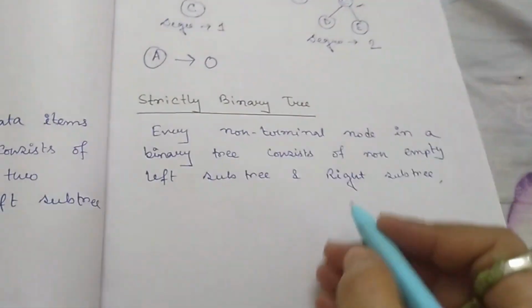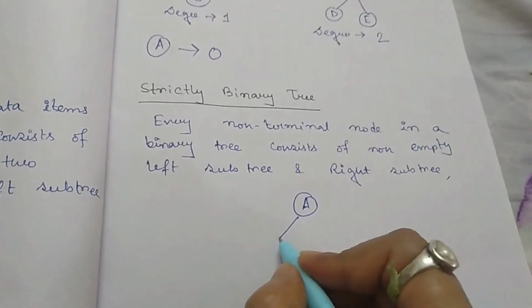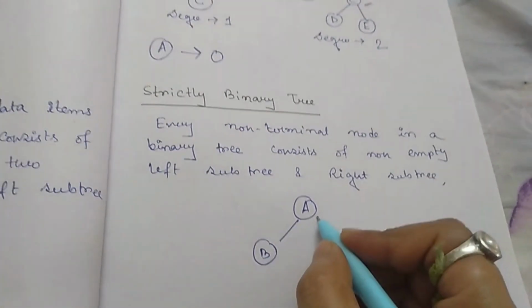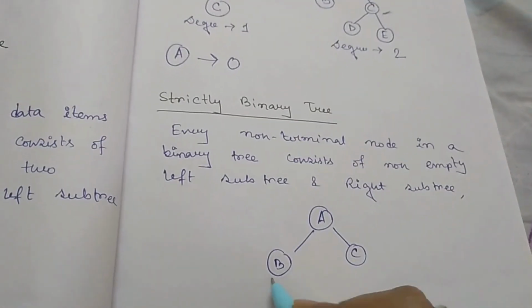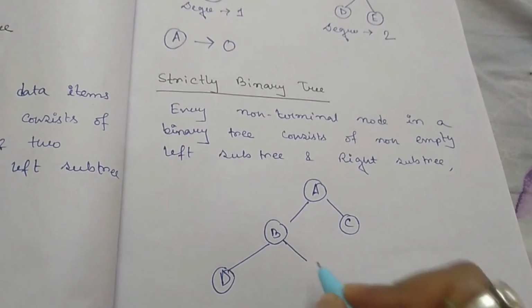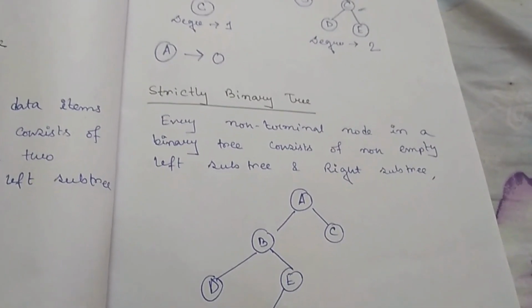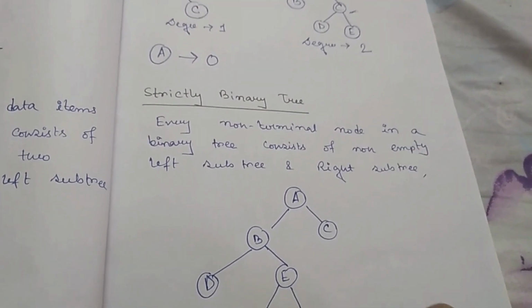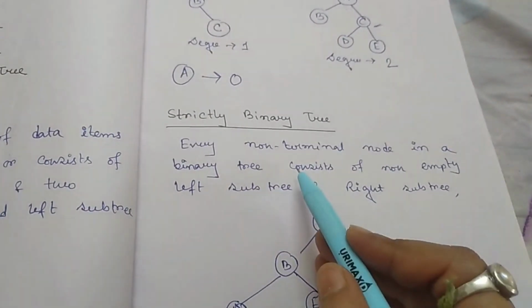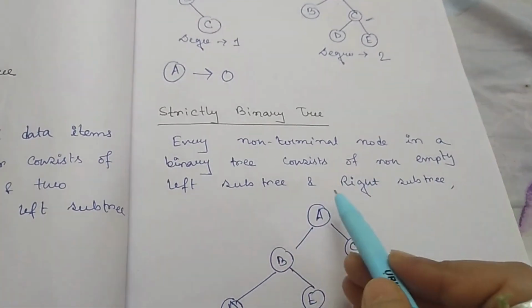If we consider a tree, according to the definition, every non-terminal node in a binary tree consists of a non-empty left subtree.